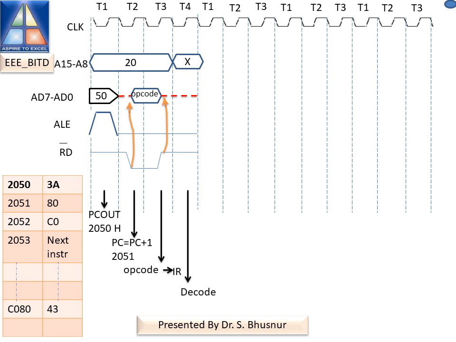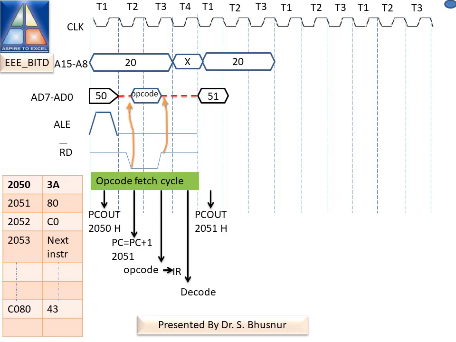The address 2051 is already available with the program counter. So during the T1 state of the next machine cycle, that is the memory read machine cycle, the address 2051 will be output on the address bus.